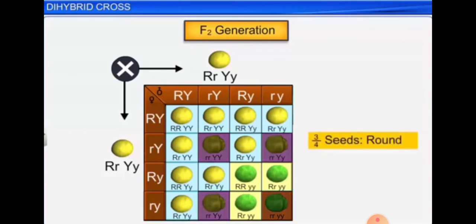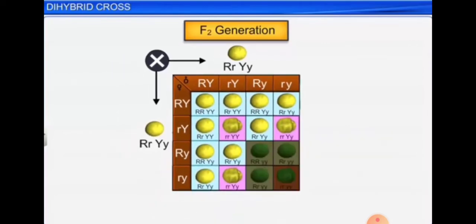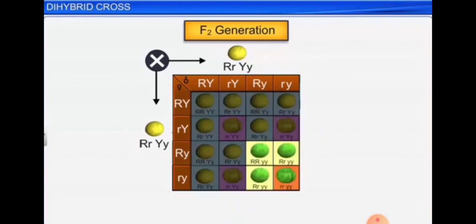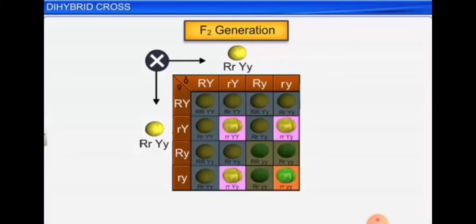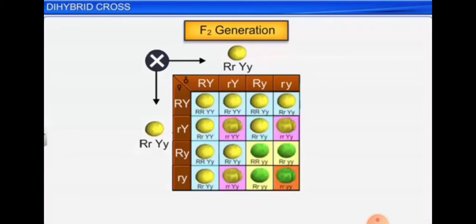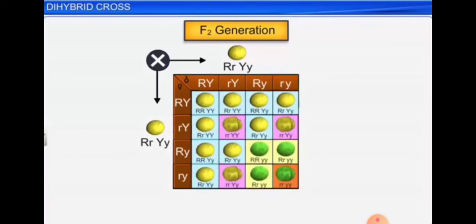Similarly, he noticed that 3/4 of the seeds were round while 1/4 were wrinkled. Therefore, the yellow and green color had segregated in the ratio 3:1, similar to the results obtained in a monohybrid cross, and the round and wrinkled shape had segregated in the same ratio 3:1.